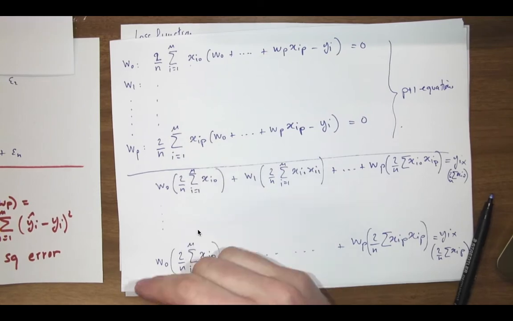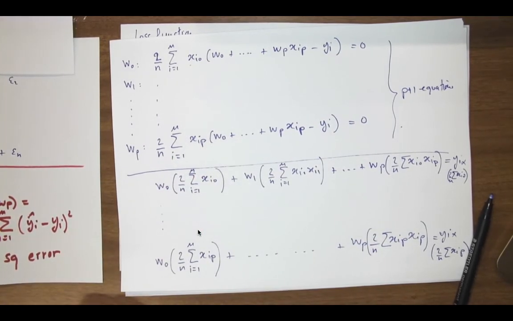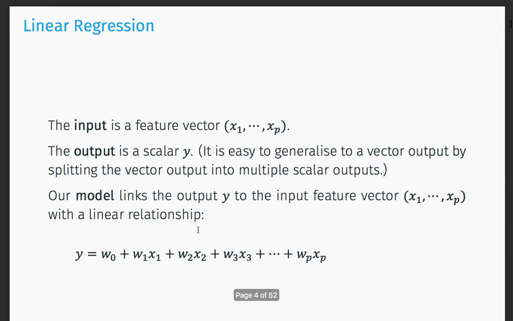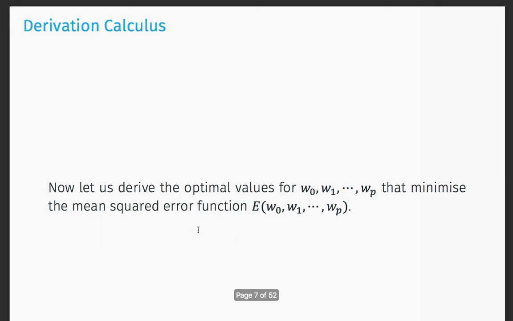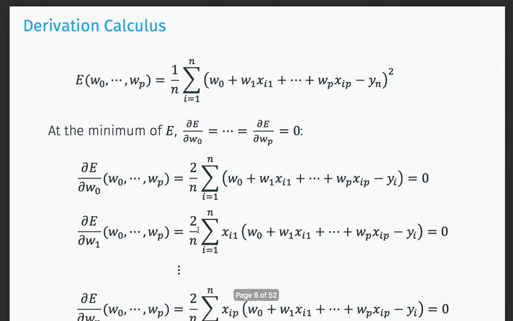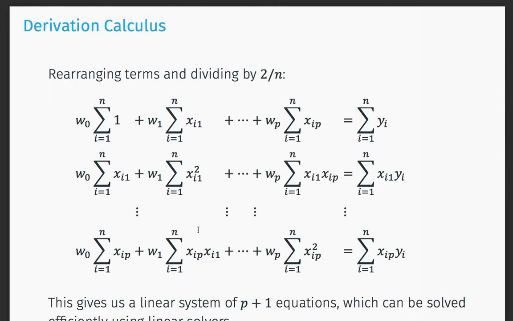If you take the 2 over n on both sides, I'll just show you briefly what it gives you. It gives you something like that. It's just a cleaner way of presenting it. So you have a system of equations. You have p plus 1 equations. You have your w's everywhere, and the coefficients in front of the w's depend on your data features. At this point, you can solve that, and it's all fine.